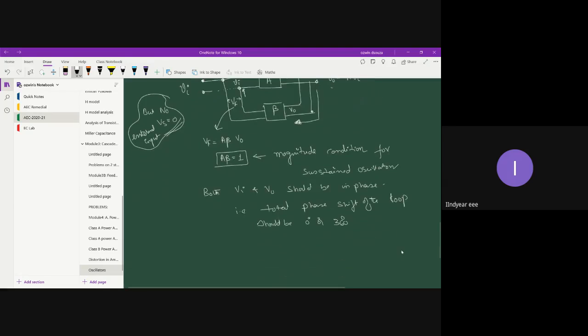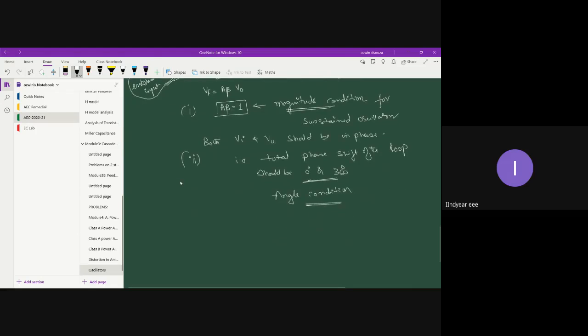So these two conditions are called the oscillator conditions. One condition talks about the magnitude and the other condition talks about the angle. So this is called the angle condition. These two conditions were proposed by a telecommunication engineer called Barkhausen. That's the reason this is called the Barkhausen criteria. Let me write it. This is called the Barkhausen criteria.